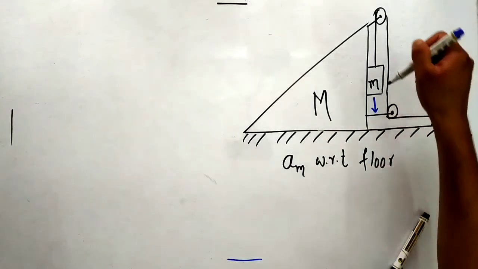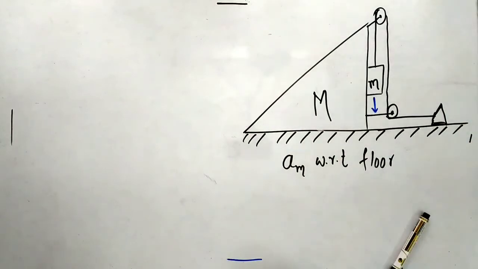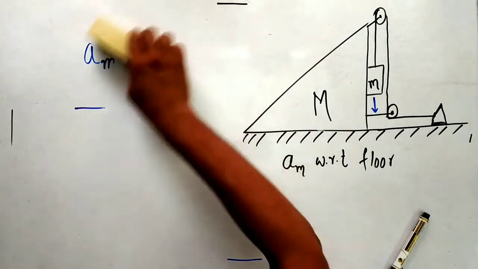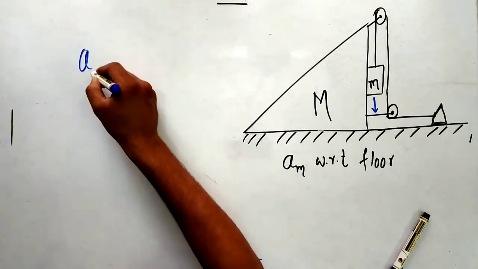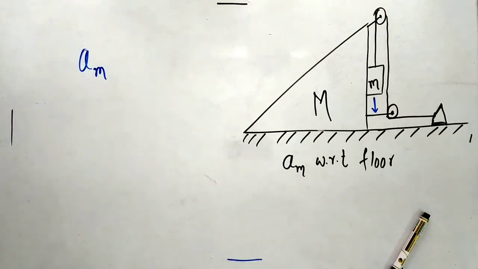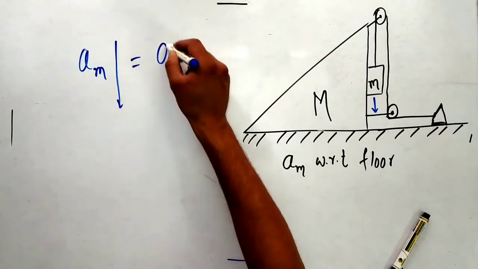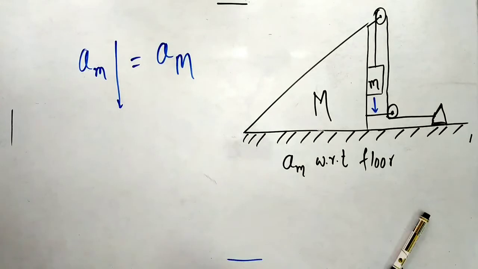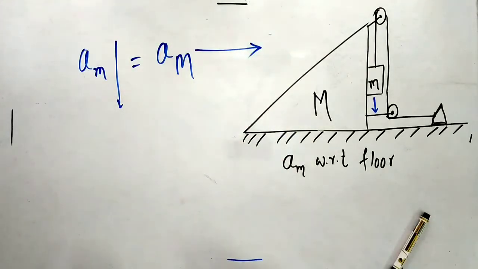If this moves 1 inch down, this moves 1 inch to the right, which leads us to the conclusion that the acceleration of the mass m in the downward direction is equal to the acceleration of the wedge capital M in the right direction.